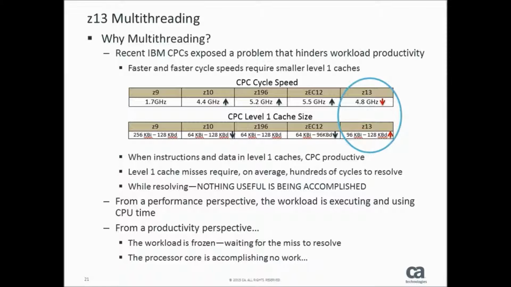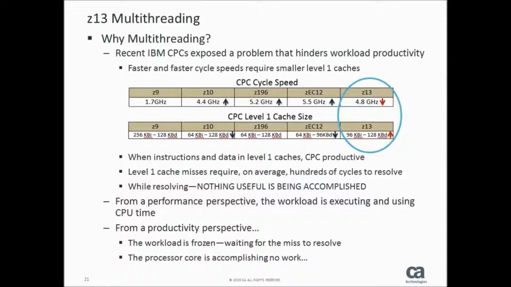And if you look at the top chart of numbers, that's showing the 5 most recent CPCs that IBM has given us: the Z9, Z10, Z196, the EC12, and now the Z13. And you can see the number in the white area is the cycles per second, expressed in gigahertz, billions of cycles per second.